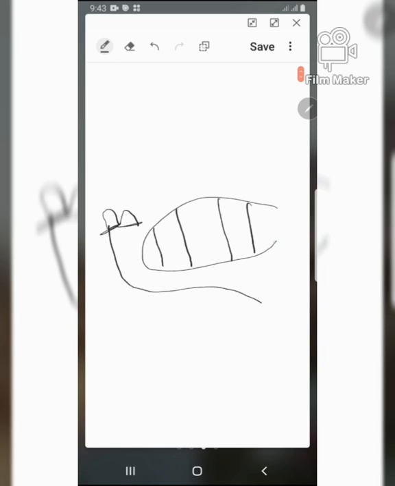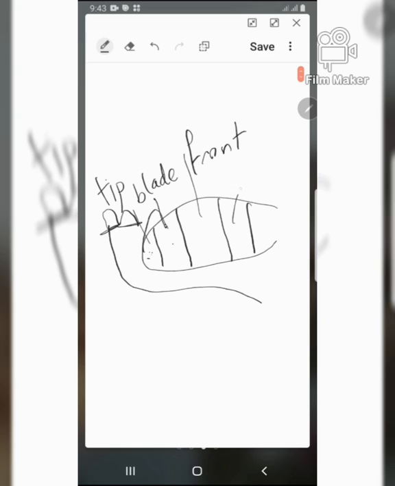This one is called the tip of the tongue, this one is the blade of the tongue, this one is the front of the tongue, this one is the back of the tongue, and this one is the root of the tongue.